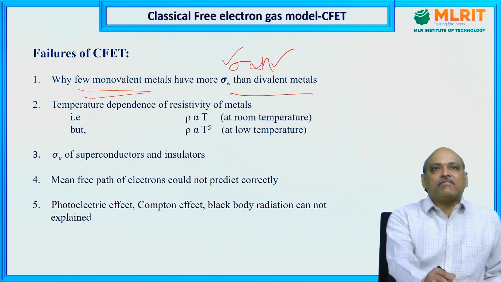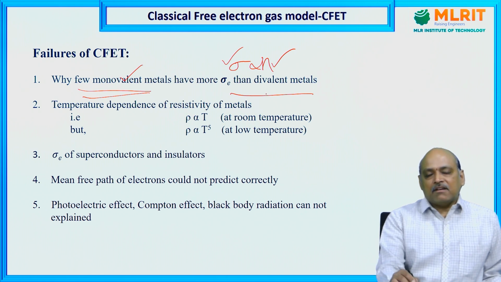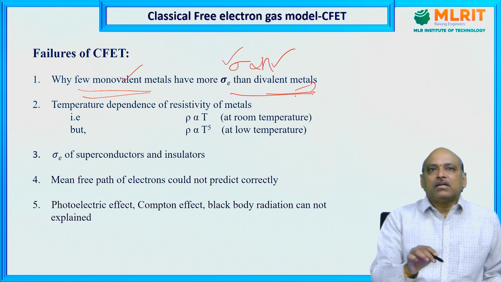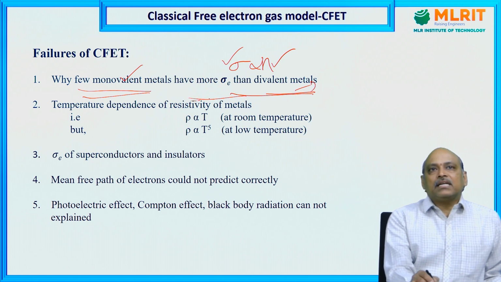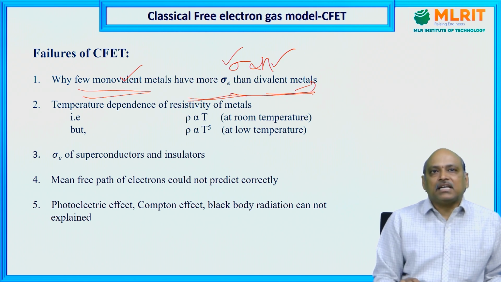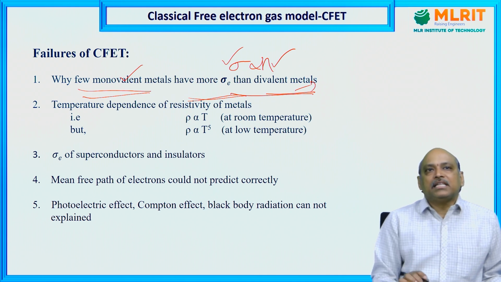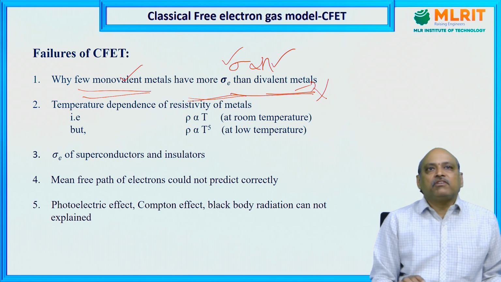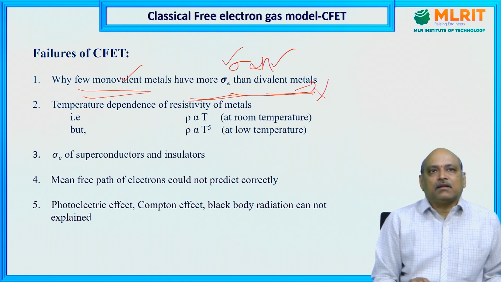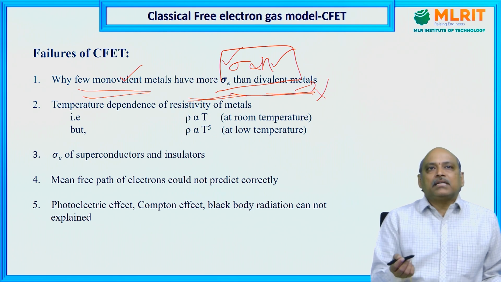Monovalent means it has only one valence electron, so one free electron, but divalent has two. Though it has two valence electrons, the electrical conductivity of some metals is observed in the reverse manner. Why this happens, this theory is unable to explain. That is the first failure of the classical free electron theory. According to this theory, sigma is directly proportional to n, but in some cases we cannot take it like this.